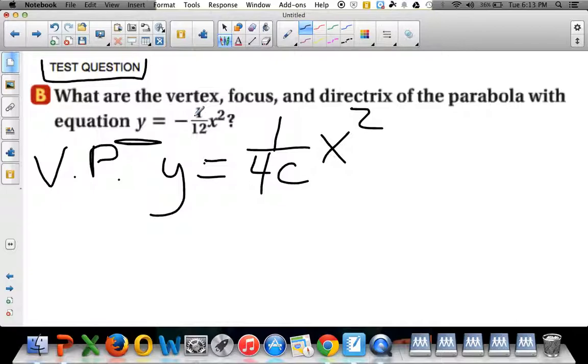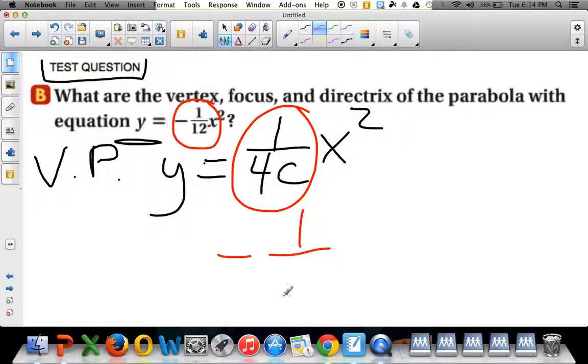So I'm going to take my negative 1/12 and my 1 over 4c, and I'm going to set them equal to each other. So I'm going to have negative 1 over 12 equal to 1 over 4c.